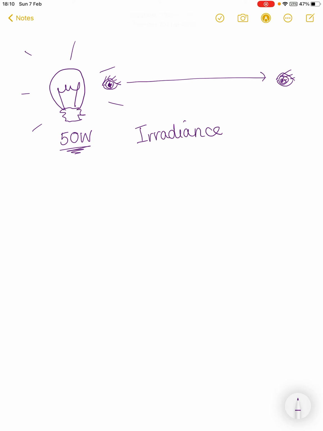Now, annoyingly, the symbol for irradiance is capital I. You're maybe going, yeah, that is annoying, because we know that capital I already has a quantity, which is current. Sorry about that, but it's got the same one. We just hopefully keep them separate. So what we're dealing with here is what happens to this energy, this power, when it is being dispersed over a larger area.